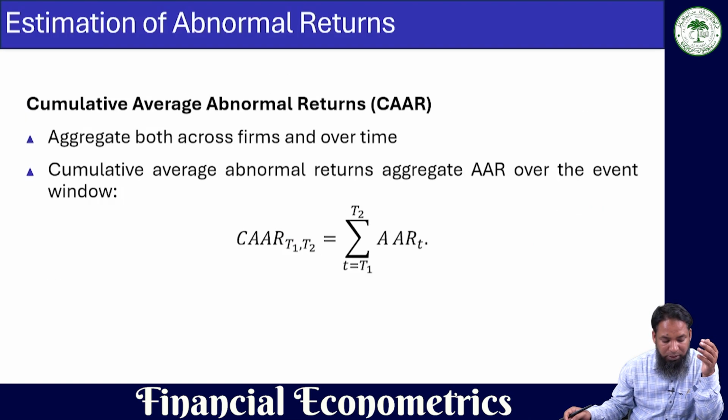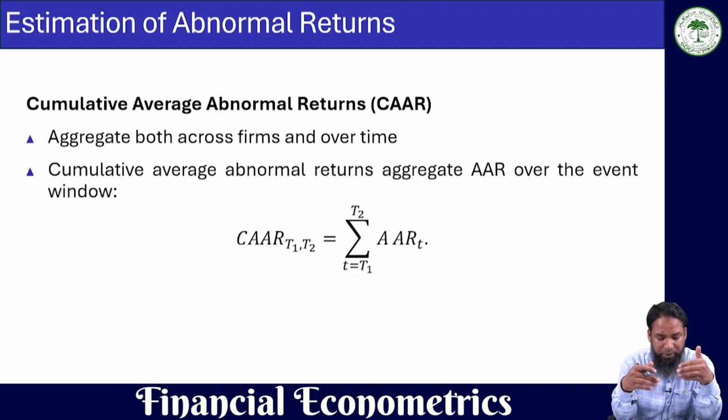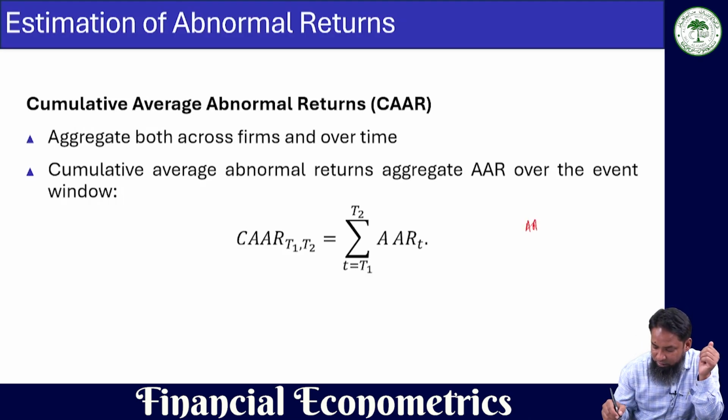Then another concept that we have is cumulative average abnormal returns. Again, we have calculated this average abnormal return across all the assets i belonging to this particular study sample for a particular day at time t. However, we know that in the case of an event window, we have more than one day, that is, it starts from here and goes to here.